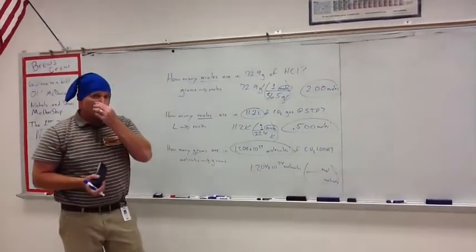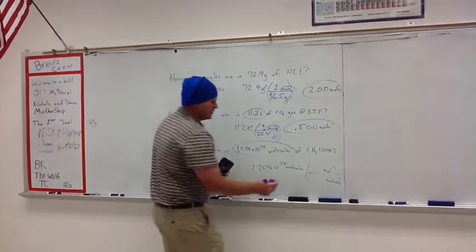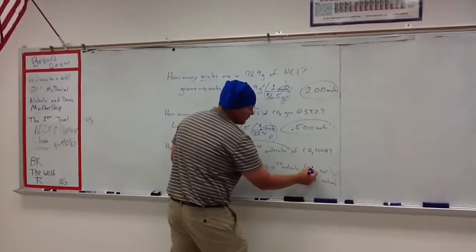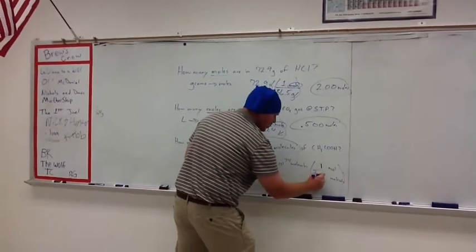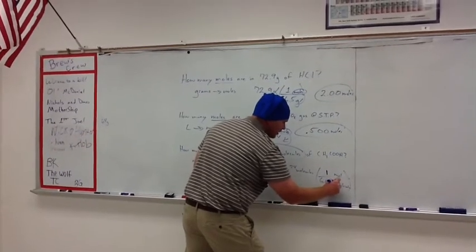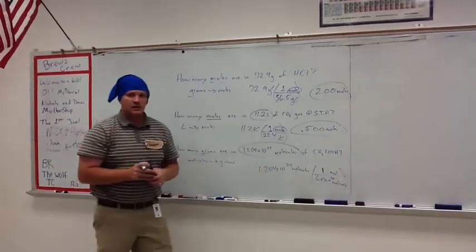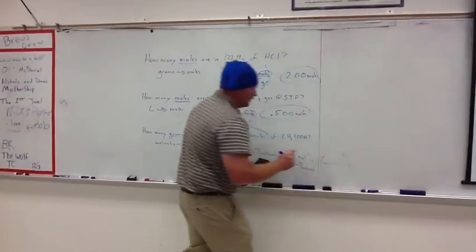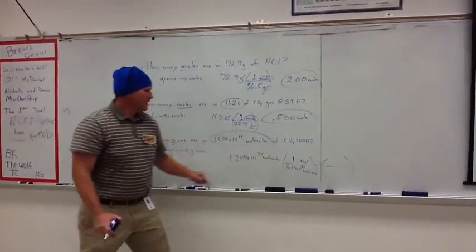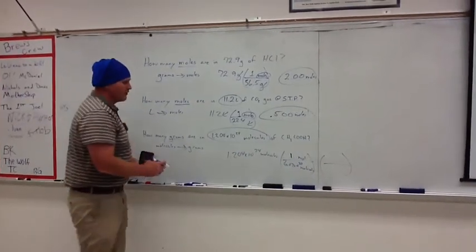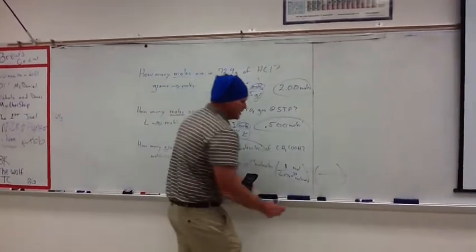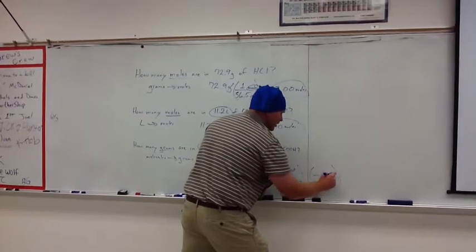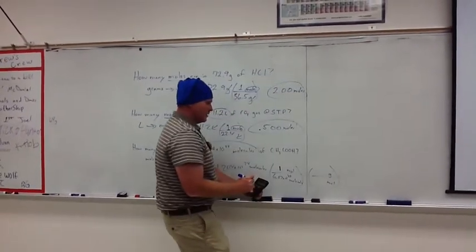Now, according to that chart, 1 mole, once again notice we're using 1 for mole, equals 6.02 times 10 to the 23rd molecules. It's pretty handy. Now, I don't want my answer to be in moles though, so now I need to go from moles into grams.